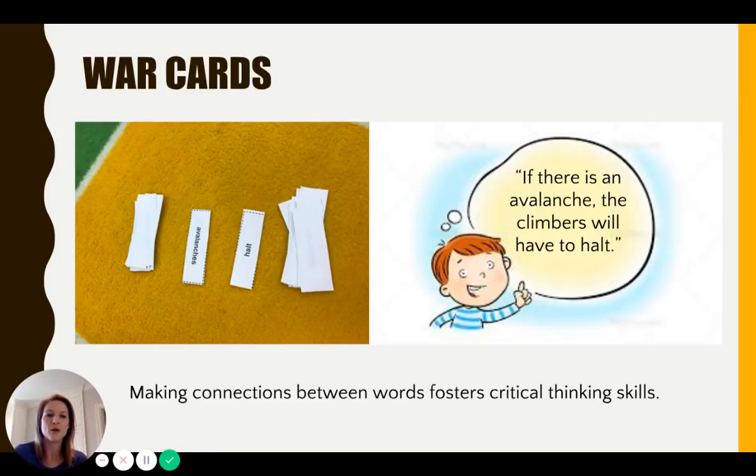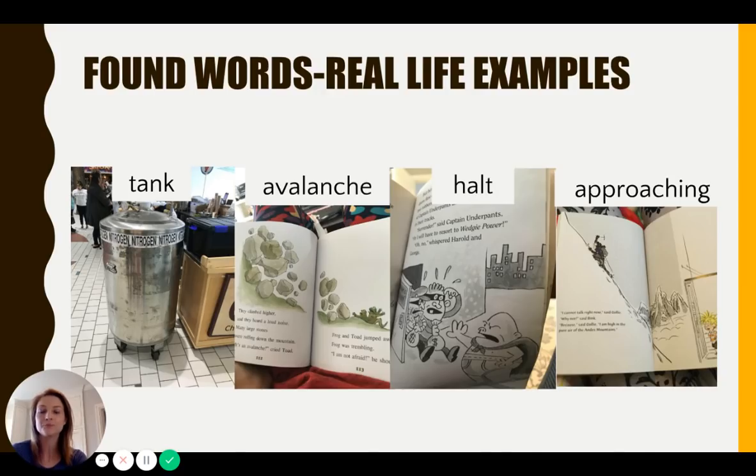Another student wrote using the words racket, blaring, and suggested. She wrote about her neighbor being upset at her brother for blaring his music and it was such a racket. So she suggested the neighbor should move. Really funny, but clever. So fostering this connection between words is a skill that I find really important, and putting it in a fun game like this keeps students really engaged, but keeps them thinking.